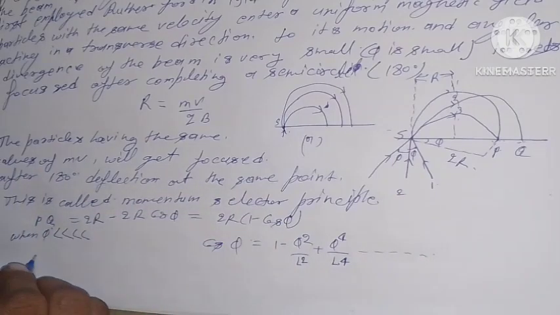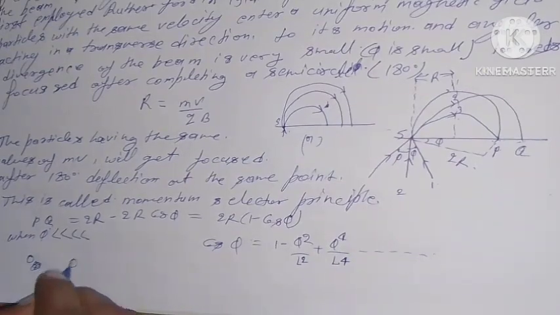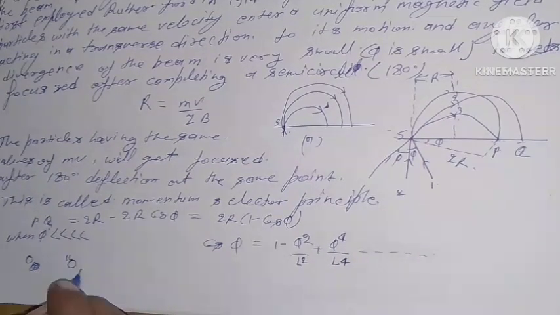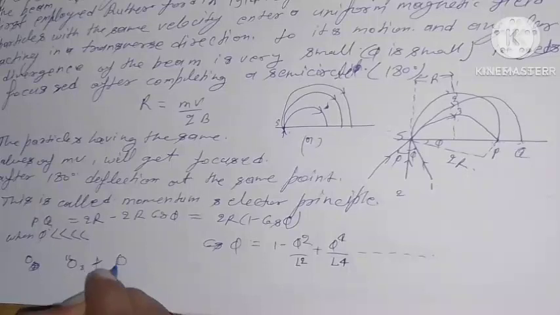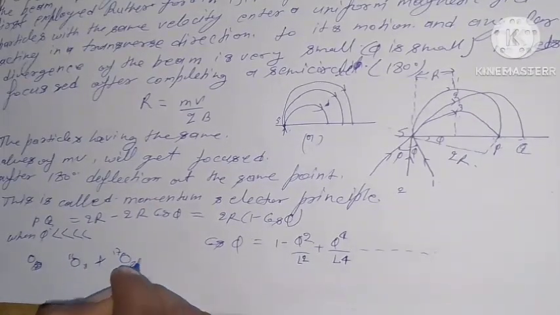Oxygen has three isotopes, 8O16, 8O17 and so on.